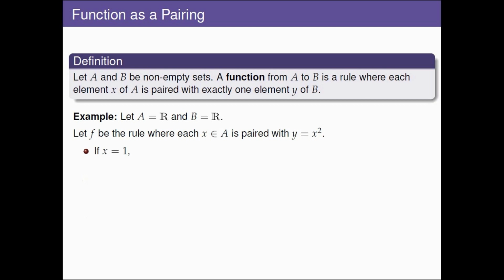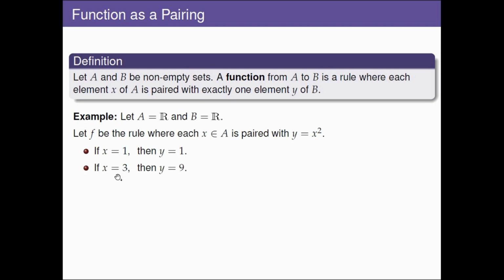If x equals 1, then y equals 1 squared equals 1. So for x equals 1, we get one value of y. If x equals 3, then y equals 3 squared equals 9.